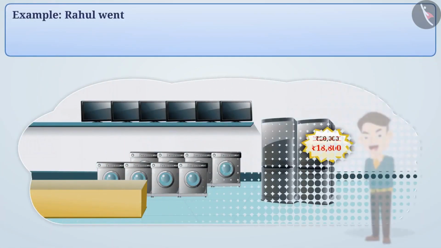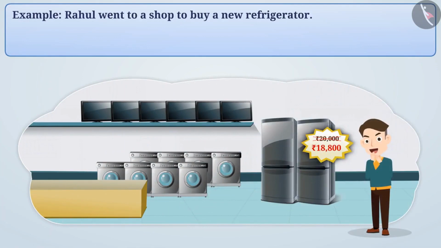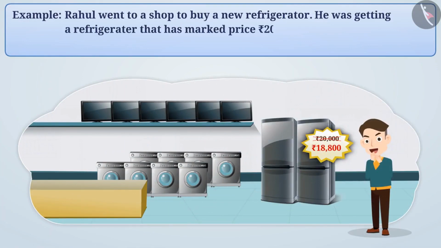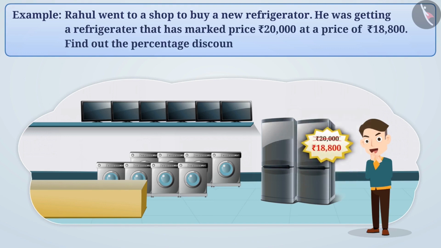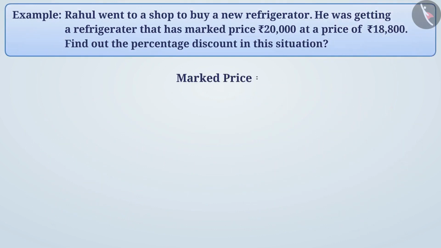Rahul went to a shop to buy a new refrigerator. He was getting a refrigerator that has marked price 20,000 rupees at a price of 18,800 rupees. Find out the percentage discount in this situation. From the question, we understand that the marked price is 20,000 rupees and the selling price is 18,800 rupees.